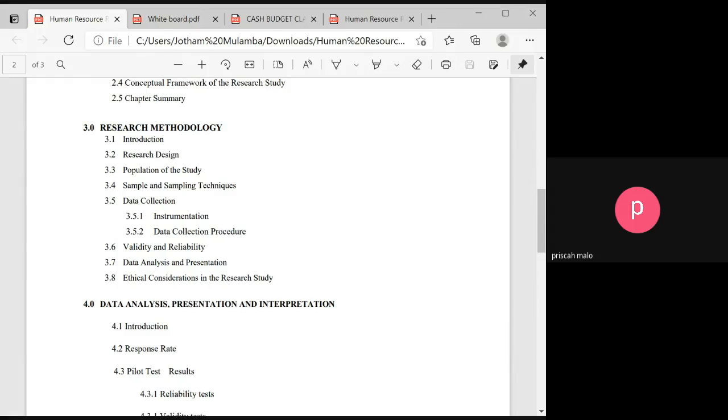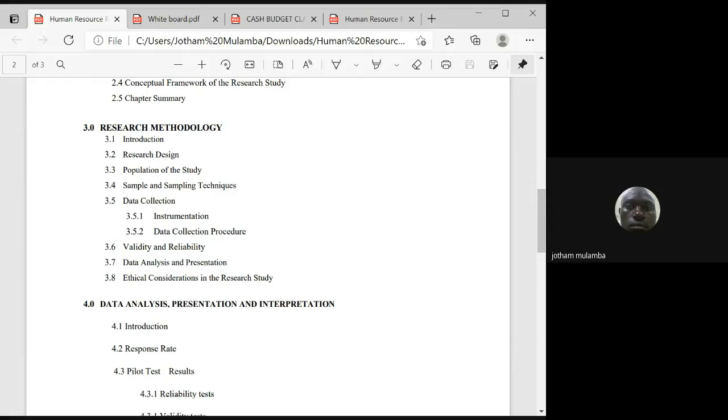I think I've forgotten. We discussed several types of research. Any type of research? I know we have survey, secondary data, and case studies. Yes, those are the types of research.